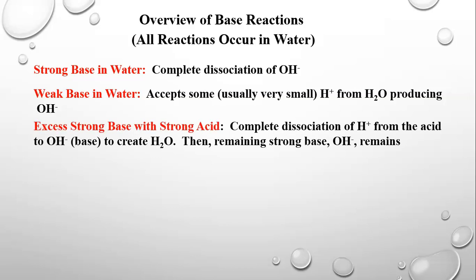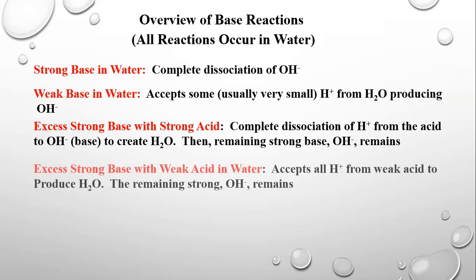Then you have excess strong base with strong acid, so you have both in the solution, strong base and strong acid, but you have more of the strong base. What will happen is a complete dissociation of the hydronium ions from the acid to the base OH- to create H2O. Then, once you run out of strong acid, the rest of the hydroxide ions will just remain in solution and create a basic solution.